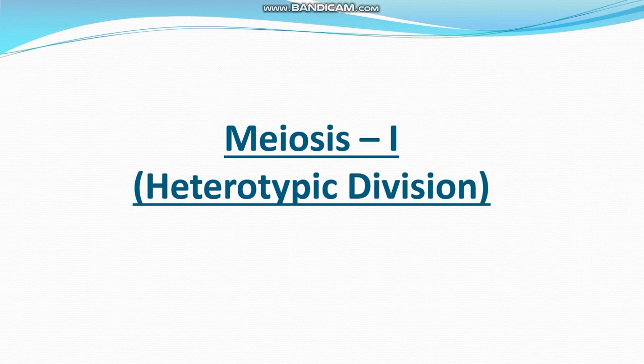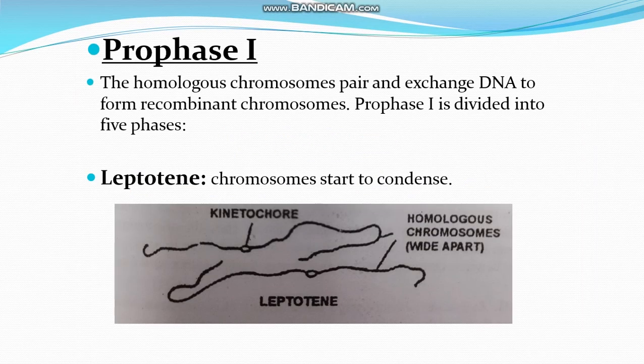Now first of all, we are going to see the heterotypic division. The first stage is prophase 1. The prophase is quite lengthy because it contains 5 other stages also. During prophase 1, the homologous chromosomes pair and exchange DNA to form recombinant chromosomes. Prophase 1 is divided into 5 phases, that is leptotene. Here you can see the diagram of the leptotene. Chromosomes start to condense.